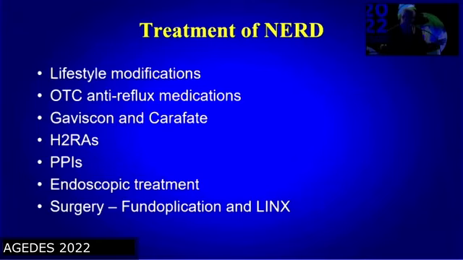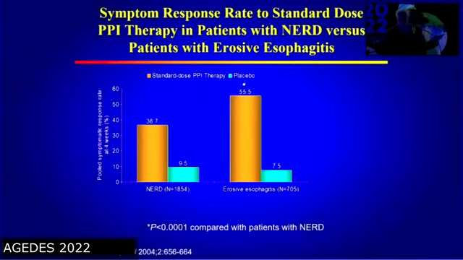And it works fantastically because PCABs have an immediate effect on intragastric pH, unlike PPIs. Now, studies have shown that patients with non-erosive reflux disease, in general, we were told that their response to PPI is less than patients with erosive esophagitis.